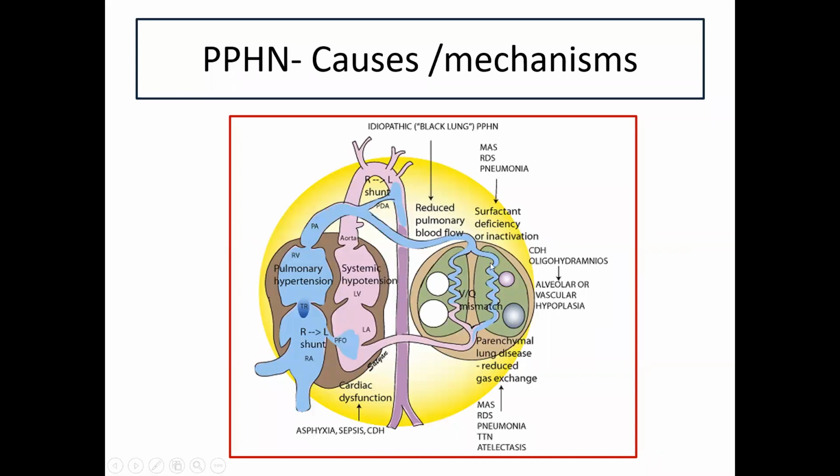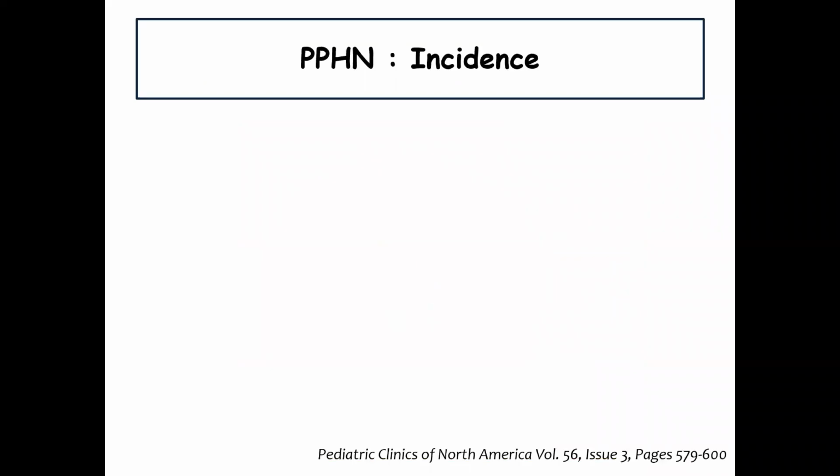And provided ventilation is reasonably preserved, there would be significant VQ mismatch, and VQ mismatch can also be secondary to parenchymal lung disease, leading to reduced ventilation. So this can be particularly complicated in cases of diaphragmatic hernia, where there can be significant compromise of the pulmonary volume available, the pulmonary alveolar branching, as well as the pulmonary vascular surface area, leading to significant elevation in the pulmonary vascular resistance.